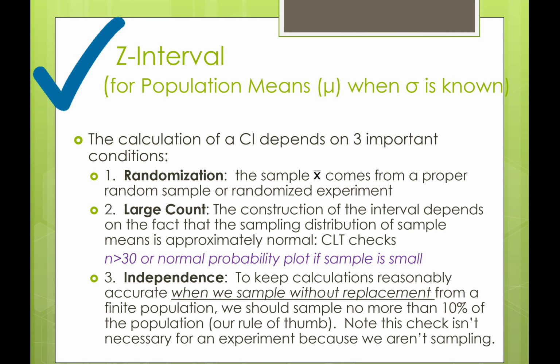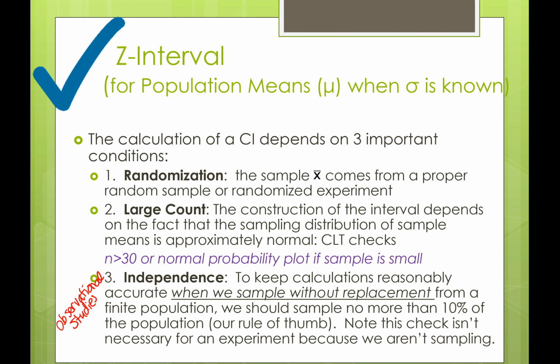Then there's independence, which is only needed for observational studies. You don't need this for experiments, because what this is trying to make sure is that if you're sampling without replacement, which is not experiments, that your probabilities aren't changed enough to mess with the results.